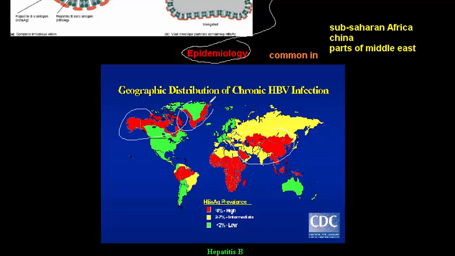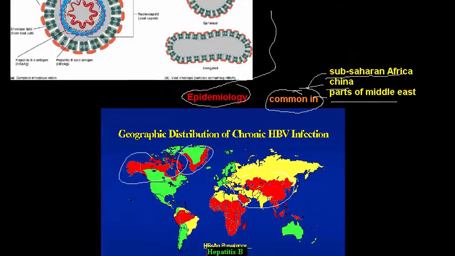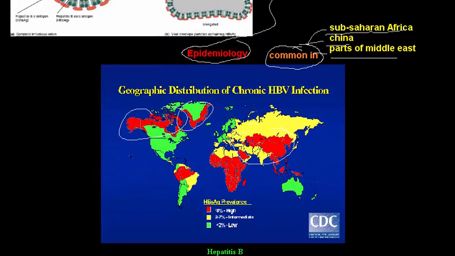You can find it here in sub-Saharan Africa, in China, parts of Middle East, in Asia. The hepatitis B virus is common in these places. So it's parts of Middle East, China, sub-Saharan Africa, and so on. This is all I want to tell you about the epidemiology.